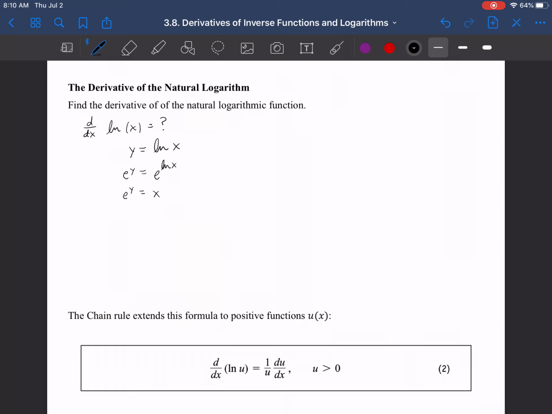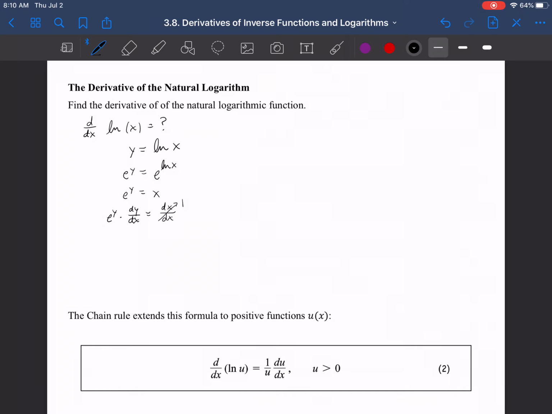Now this, we can do an implicit differentiation of, and we'll get e to the y times dy/dx equals the derivative of x, which is just 1 times dx over dx, and that goes to 1.